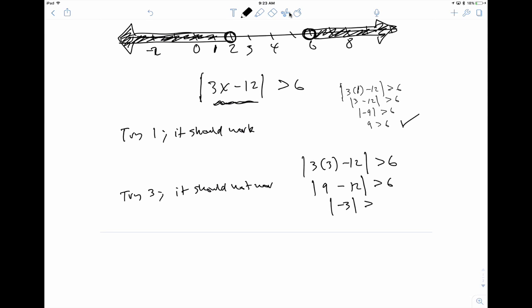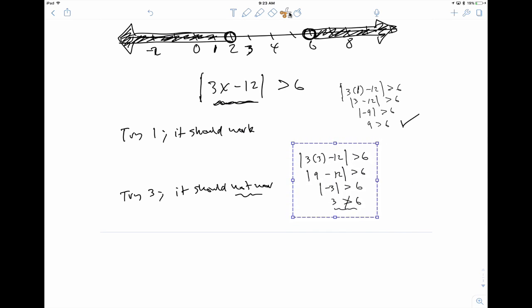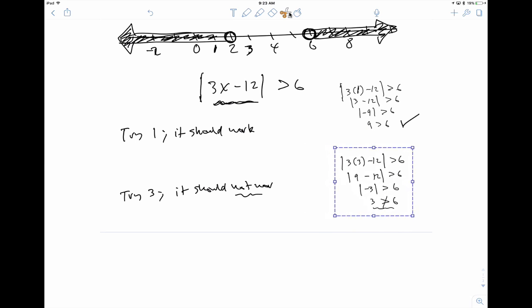Is the absolute value of minus 3 greater than 6? 3 is not greater than 6. There's our 3, and it should not work, and it does not work. So just for consistency, let's shrink that one. So in terms of the left side of the graph, it works.